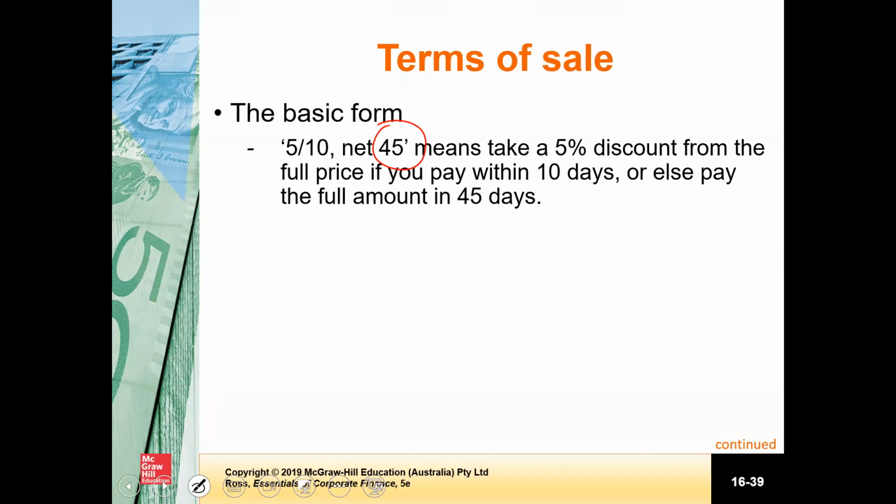It specifies the credit period, the cash discount, which is 5%, and the discount period, which is 10 days. It means a 5% discount from the full price if you pay within 10 days, or else you need to pay within 45 days. And also the type of credit instrument will be specified.